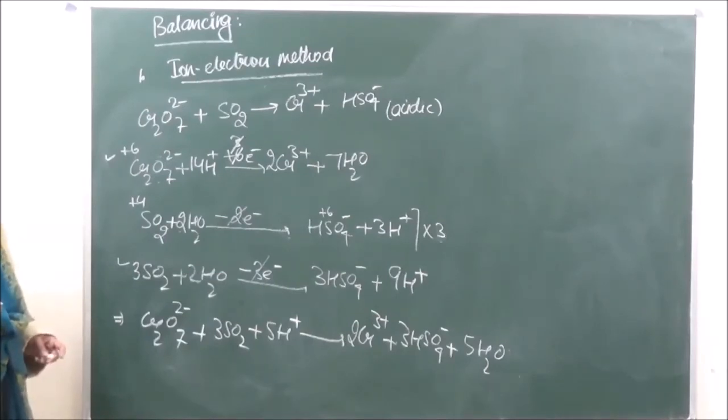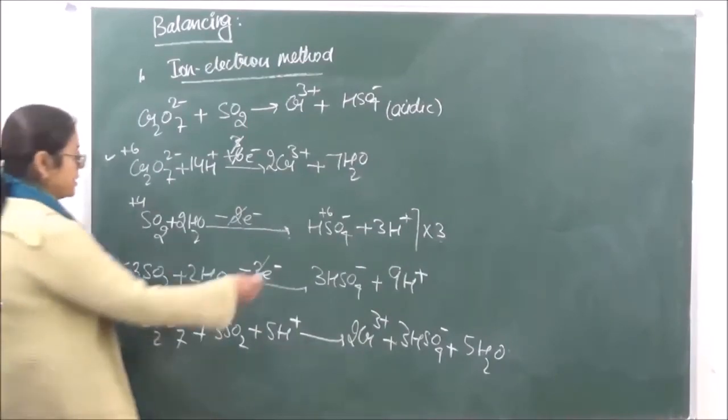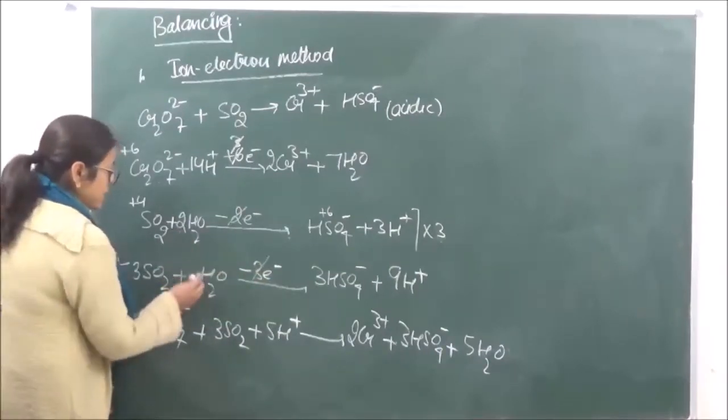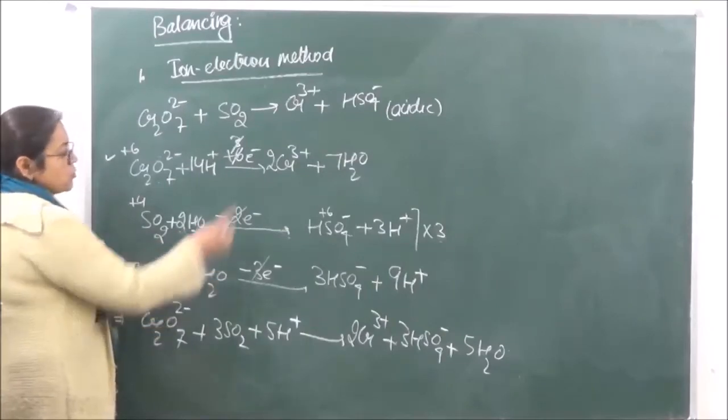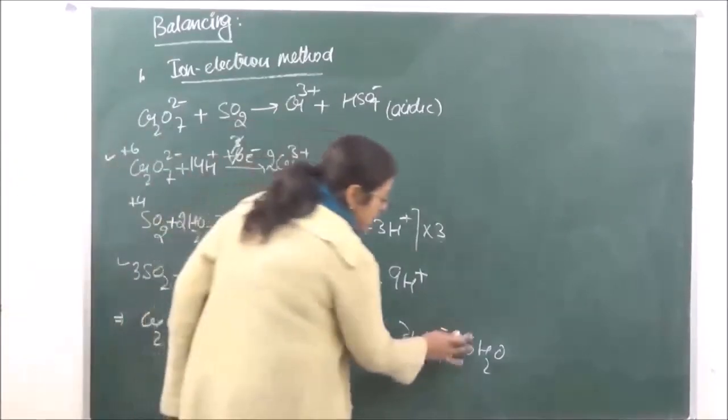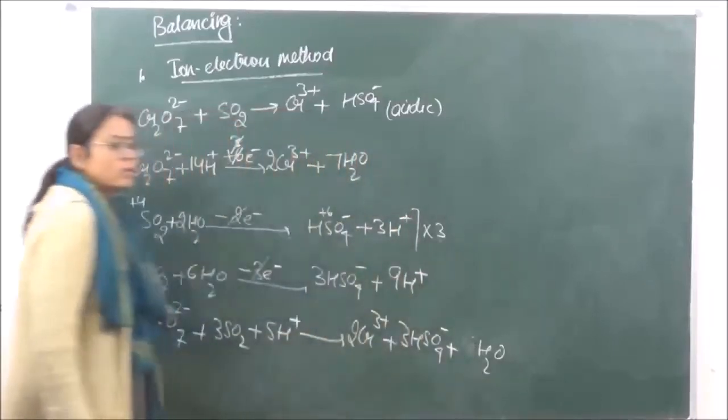Cr2O7 2 negative plus 5H positive plus 3SO2 to give us 2 Cr3 positive plus 3HSO4 negative plus H2O. Okay, here we have not multiplied this. 3 2s are 6H2O. Okay, so 6H2O means 7 minus 6, that is going to be equal to 1H2O.